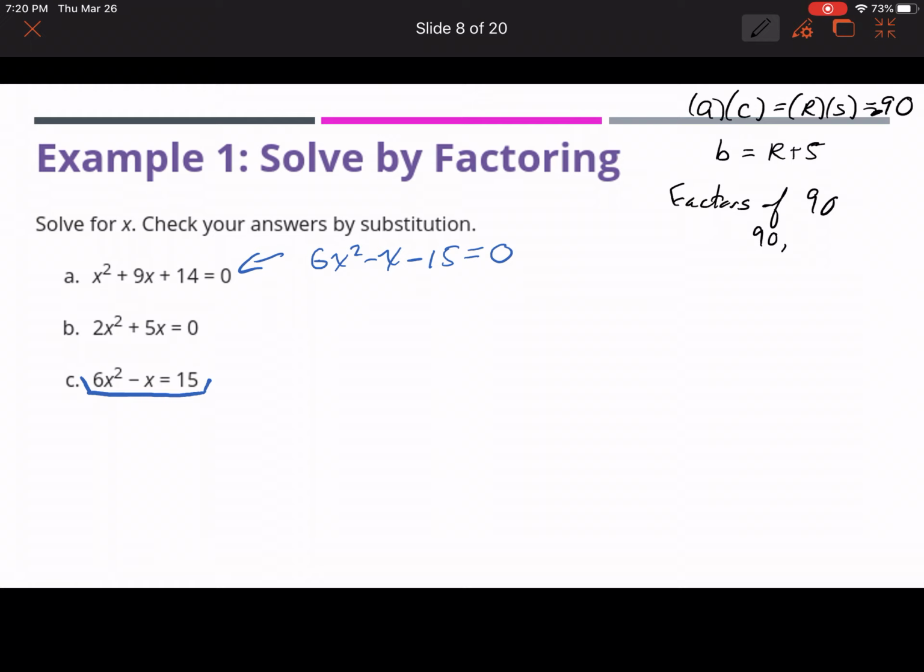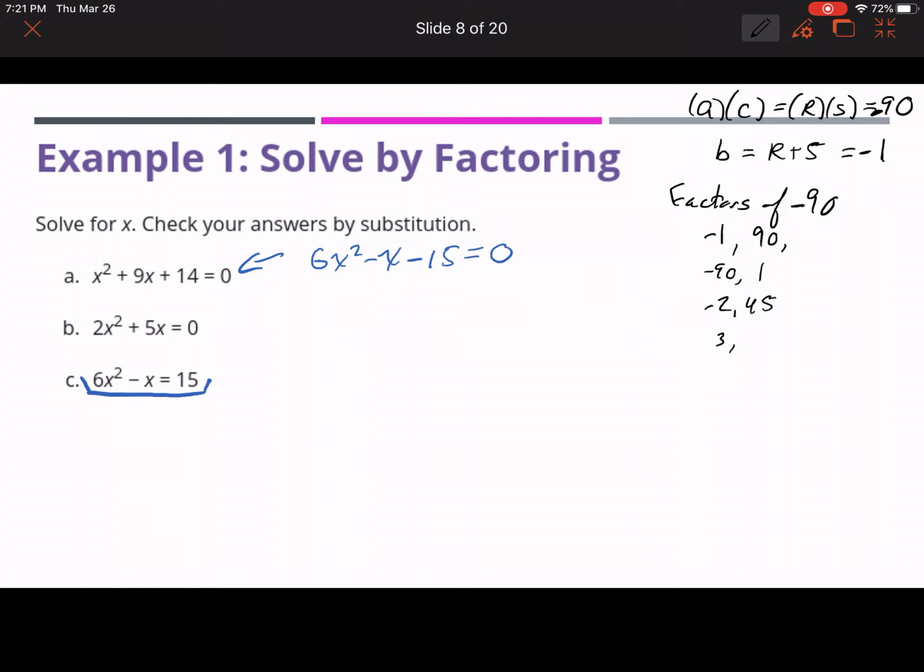We've got negative 15 times 6, sorry. So factors of negative 90. So negative 1 and 90, or negative 90 and 1. But we know we're going to end up with a negative 1. We want a plus b to be negative 1. So we know that none of these big numbers are going to be it. So we still got 2 and 45, with 1 being negative.